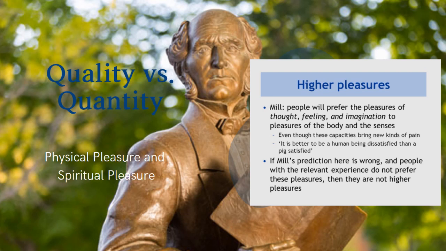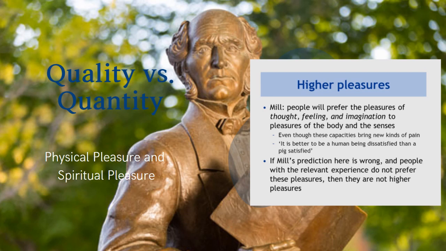So this really creates criticisms about this theory, no? In order to defend utilitarianism against this charge of Philistinism, Mill develops a doctrine of higher pleasure. For Mill, people will prefer the pleasures of thought, feeling, and imagination to pleasures of the body and the senses.